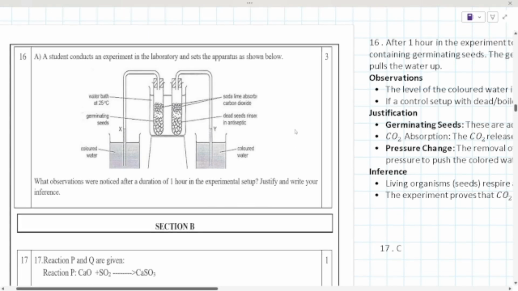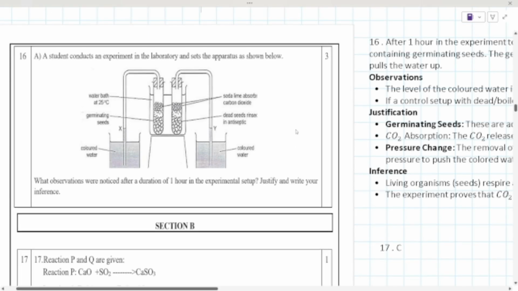Okay. Now let's see another question, number 16. A student conducts an experiment in the laboratory and sets up the apparatus.